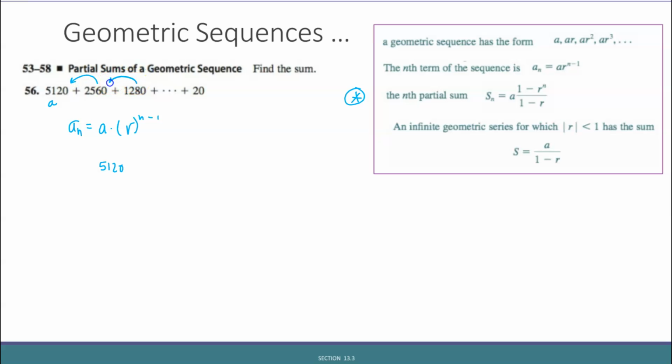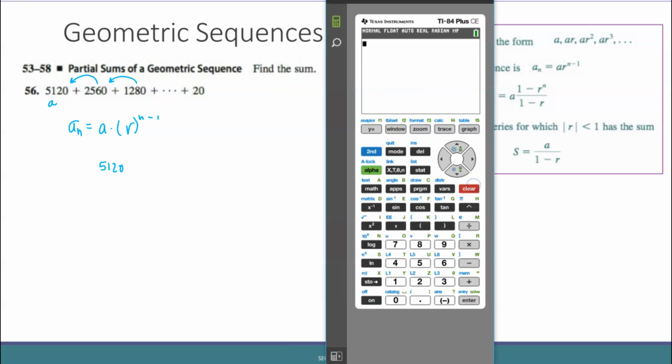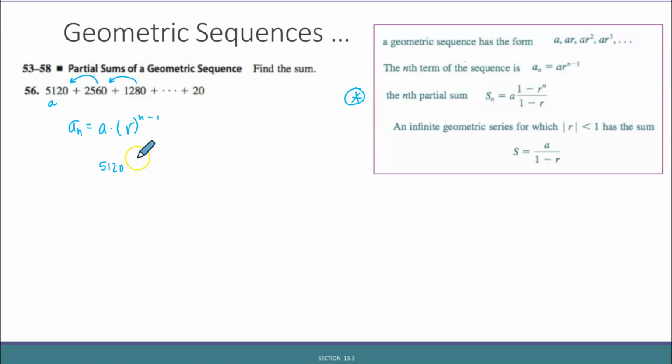Let's take 2560 divided by 5120. Let's take 1280 divided by 2560. We keep getting the same 1/2, and so there's our common ratio. Now we know our common ratio is 1/2.